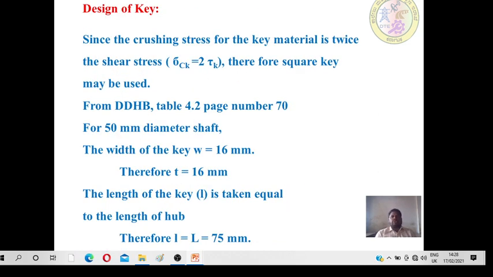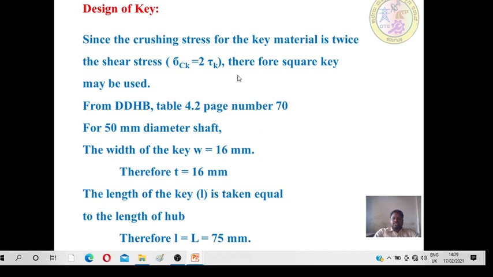Now let us move on to the design of key. Since the crushing stress for the key material is twice the shear stress, therefore square key may be used. So from design data handbook, table 4.2, page number 70, we have for 50 mm diameter shaft, width of the key is 16 mm.